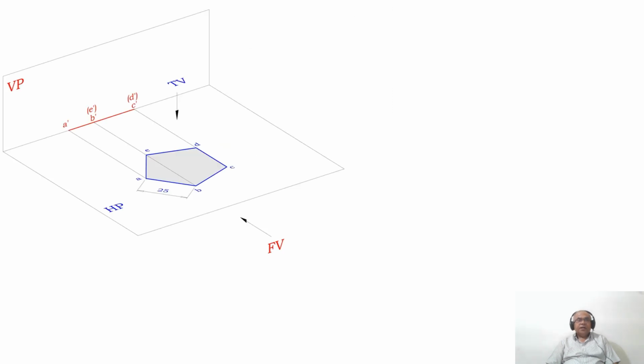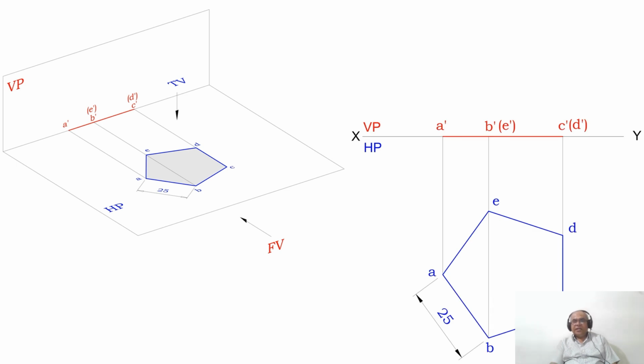Now we go to how to draw this in orthographic view. Draw the XY line and mark VP and HP. Measure a distance of 25 mm in the vertical direction, that is perpendicular to XY, and mark these points as C and D. Using the protractor with C as center, with respect to CD, measure an angle of 108 degrees from this vertical line, and from there draw an inclined line at 108 degrees with respect to the vertical.